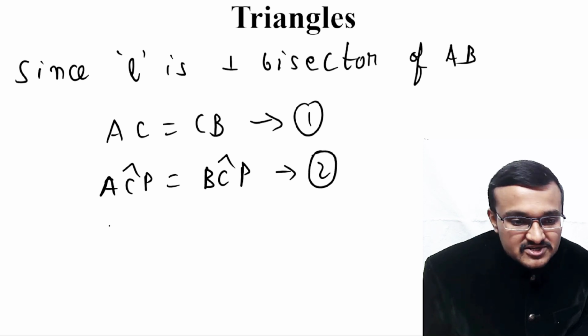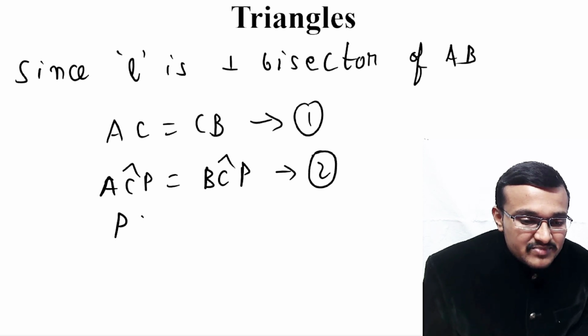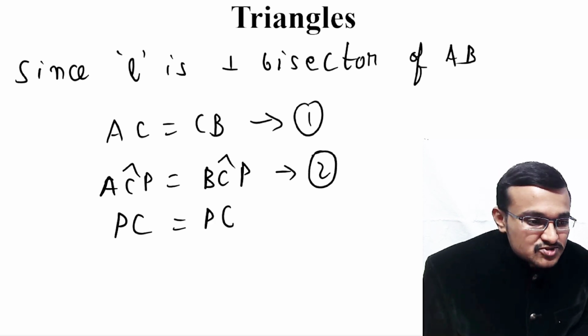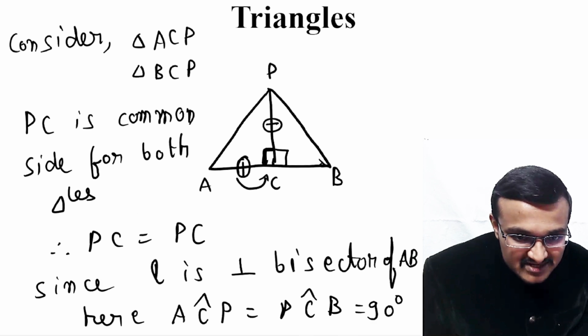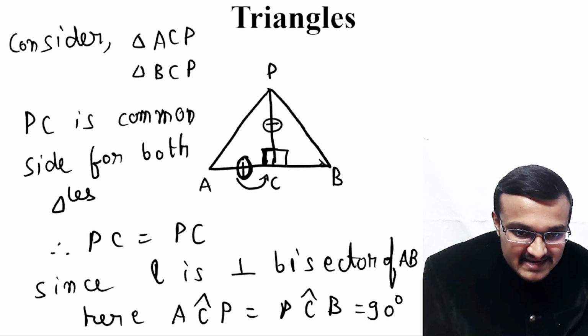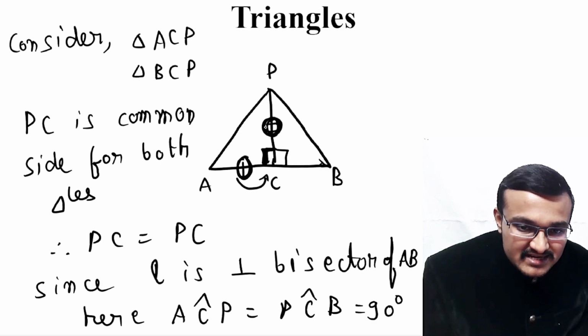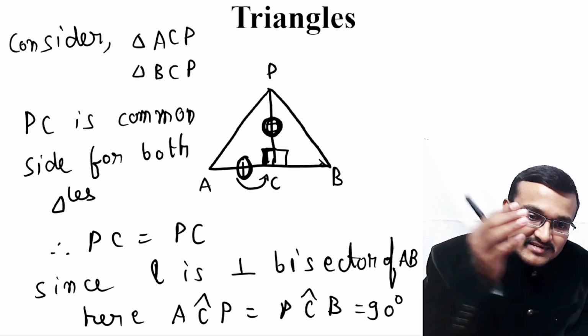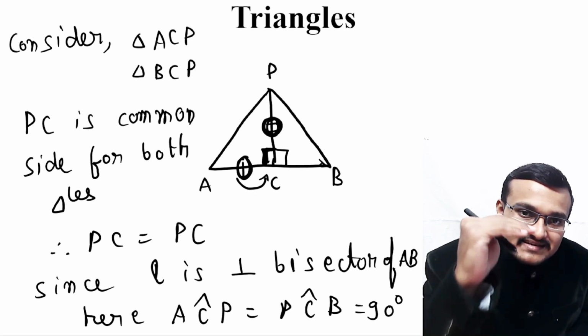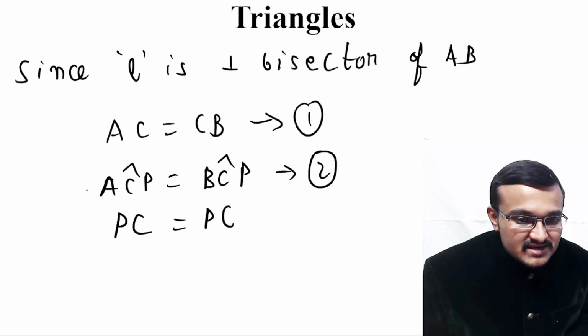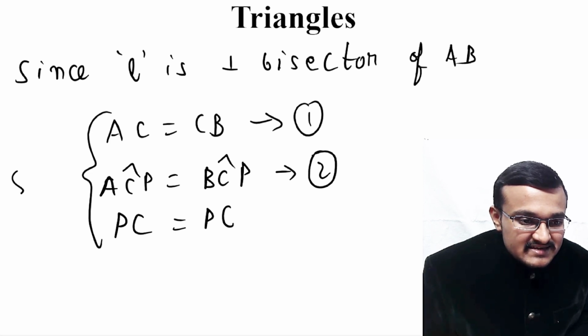We'll call this equation 2. And here PC is equal to PC. Here you can see this particular side we are considering, this angle we are considering, and this particular side we are considering. So in anti-clockwise we are considering SAS. That means the SAS congruence rule can be applied.